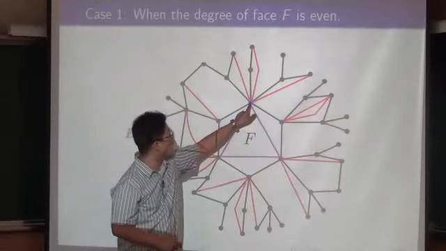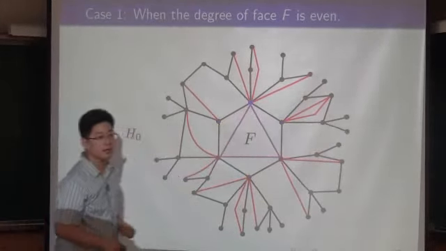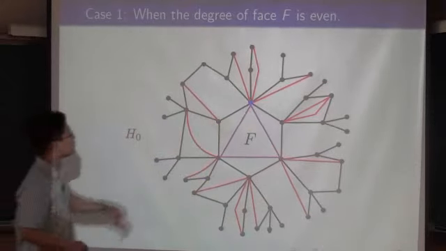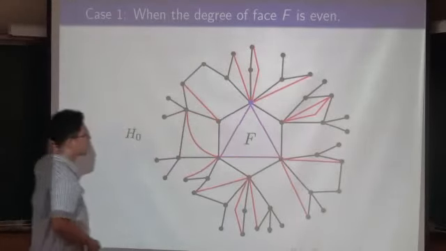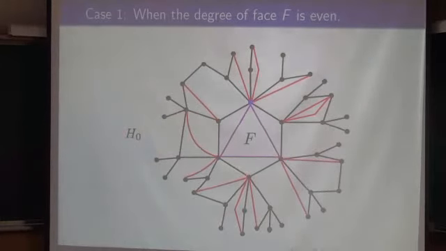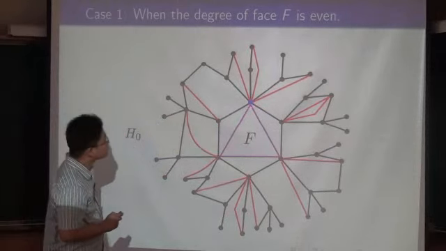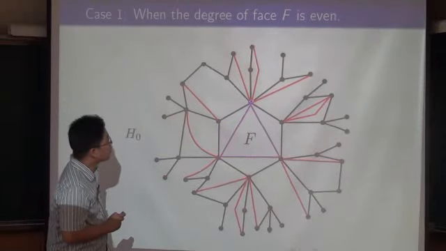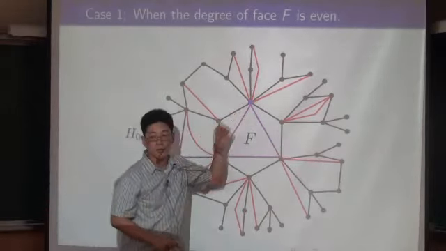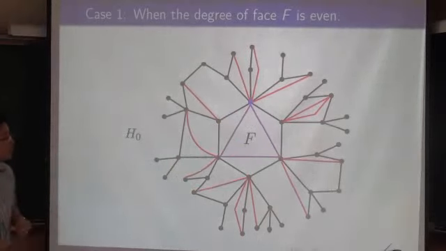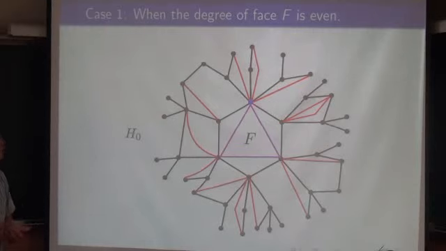So let's think about the red edge of this vertex. Can we draw it? In this figure we can draw the red edge of this vertex here, right? So why is it so? For now, the degree of this vertex in G is 5. And by the property of 2-connected graphs, this vertex is incident with 5 faces, right?